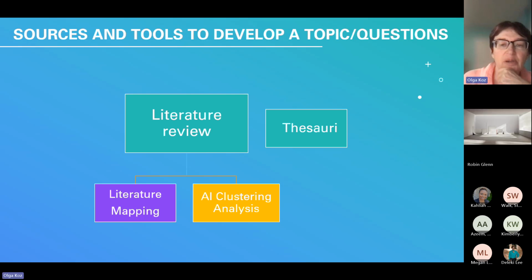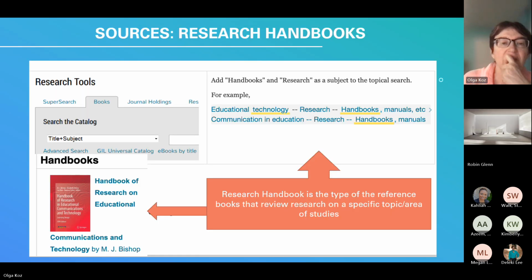Another source that I recommend: some of our databases or indexes have reviews or synopses, summaries of research that are prepared sometimes even by AI, but sometimes it's really just a compilation of research coming from the indexing.